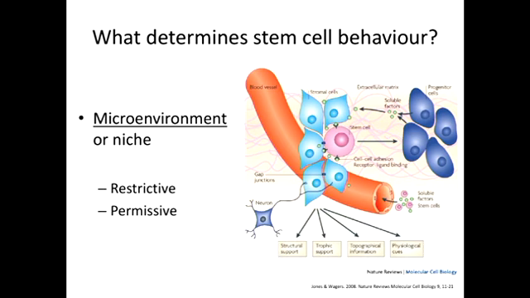It's saying, stay quiescent, stay quiet, we don't need you at the moment. Then in response to soluble cues and cellular cues, those cells can be activated, so the environment has changed to a permissive environment where that stem cell can respond, proliferate, produce progenitor cells, and reconstitute cells that have been depleted in the bone marrow and blood. And this control is highly regulated. It's very complex.